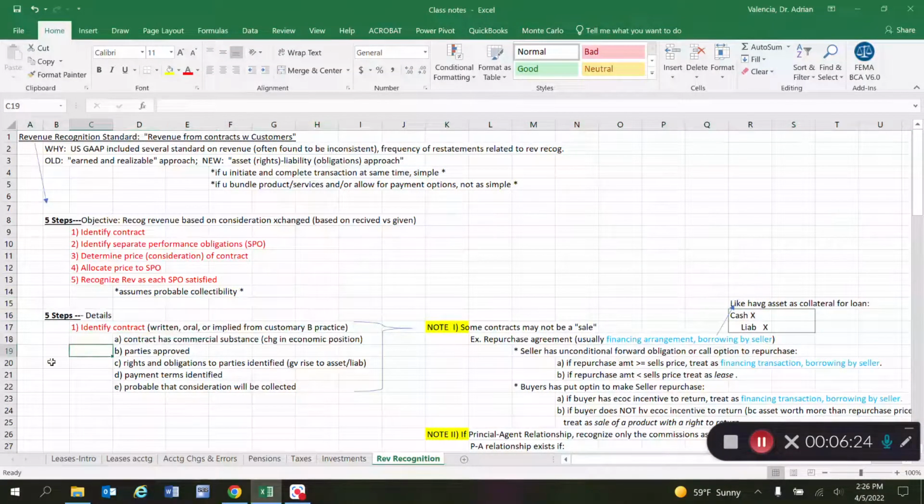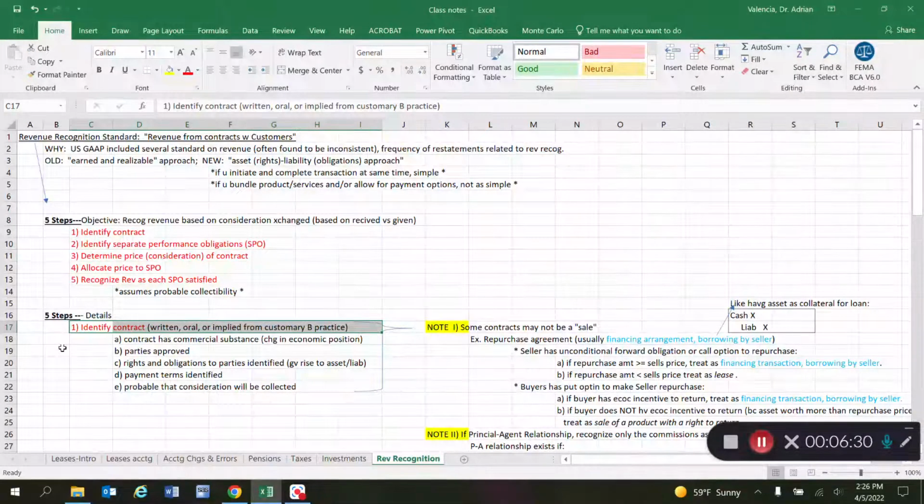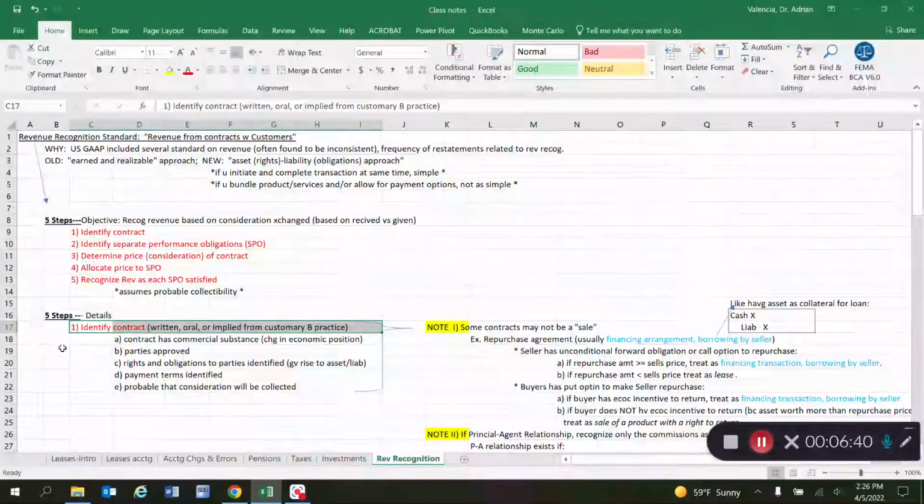It's very important to understand that the contract itself does not have to be this formal written document as we may envision. It could be oral, or it could be simply implied from regular business practice in that industry.